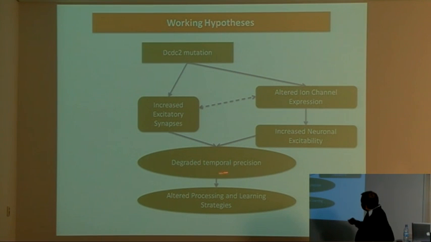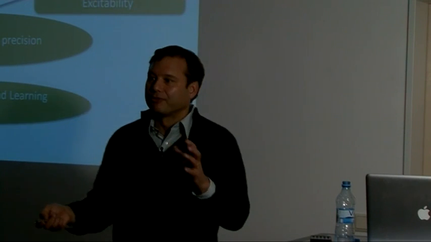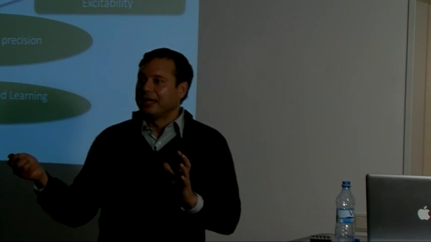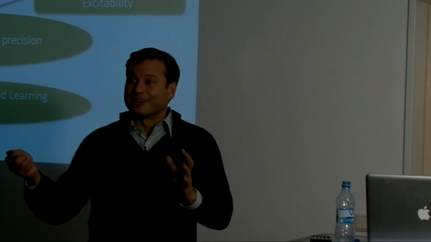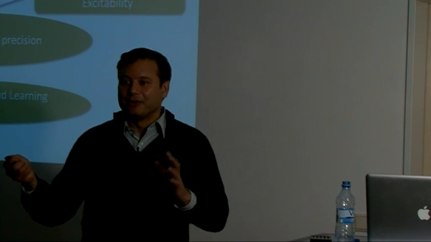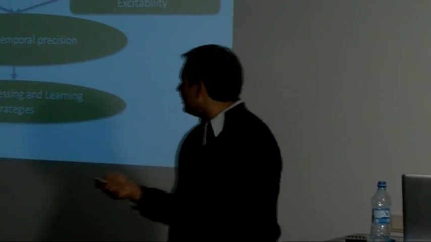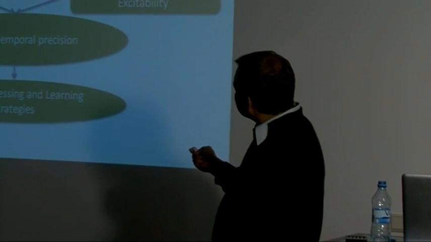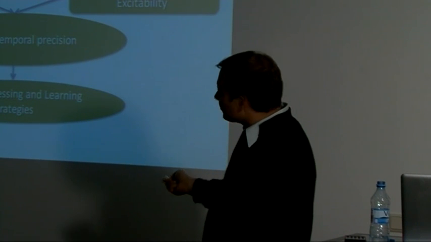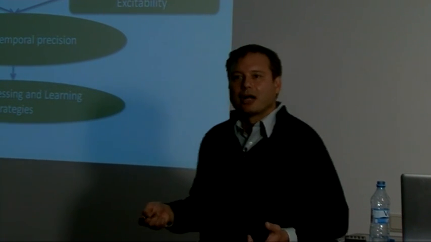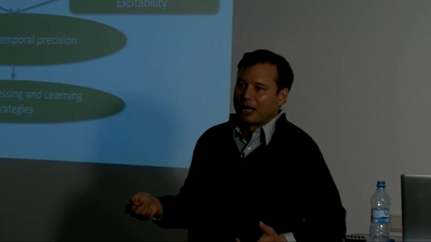Clearly, the experiments that need to be done next are not just from these mechanistic sides, trying to figure out which channels are responsible for this shift in temporal precision. And there are some candidates out there. If you block some channels with 4AP, you'll get shifts in temporal precision. And so we have some candidates to look for there, but also this question of what are the in vivo consequences for sensory processing.